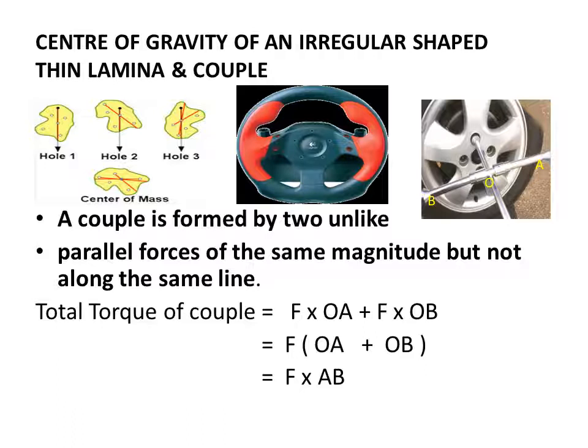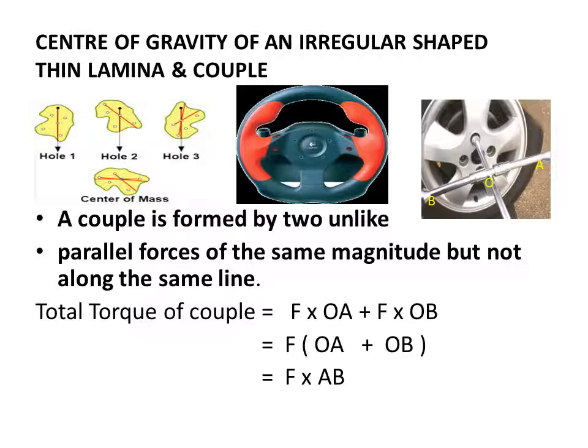The torques produced by both the forces of the couple have the same direction. Thus the total torque produced by the couple is F multiplied by OA plus F multiplied by OB. Taking the common F out, it is F into (OA plus OB).